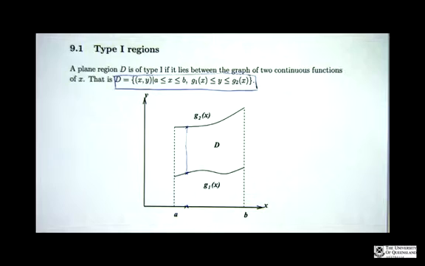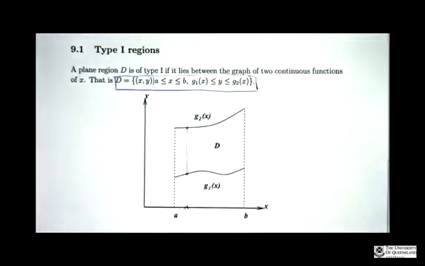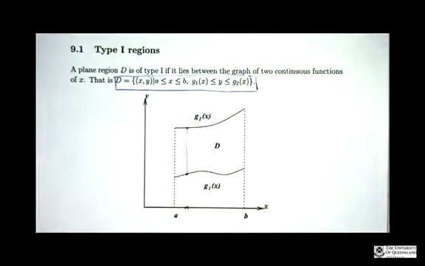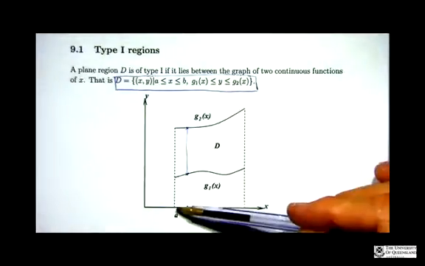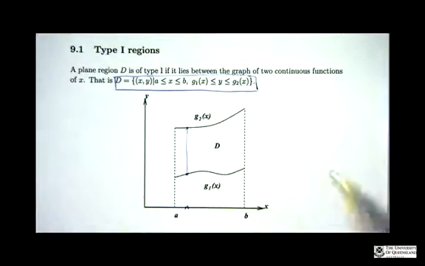Okay, so what we're going to consider now, let me just build on this diagram I've drawn here, is we'll use Fubini's theorem for type 1 regions, and what we'll do is divide the x interval from a to b up into subintervals.